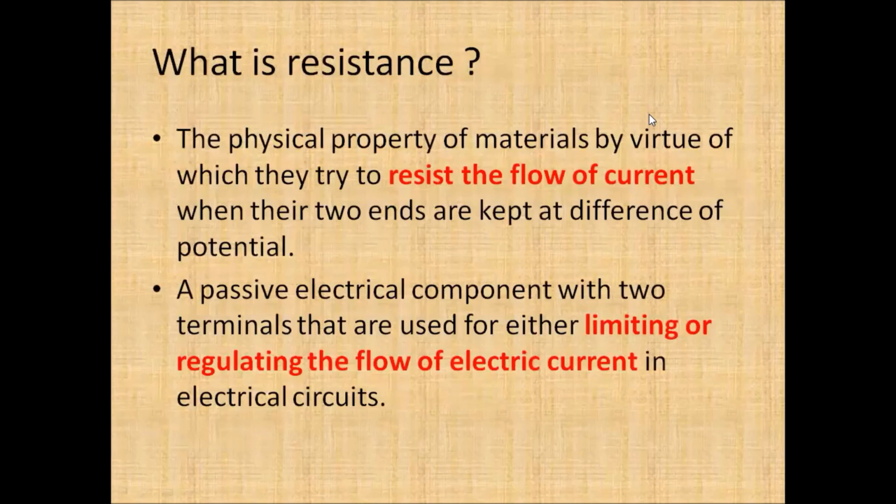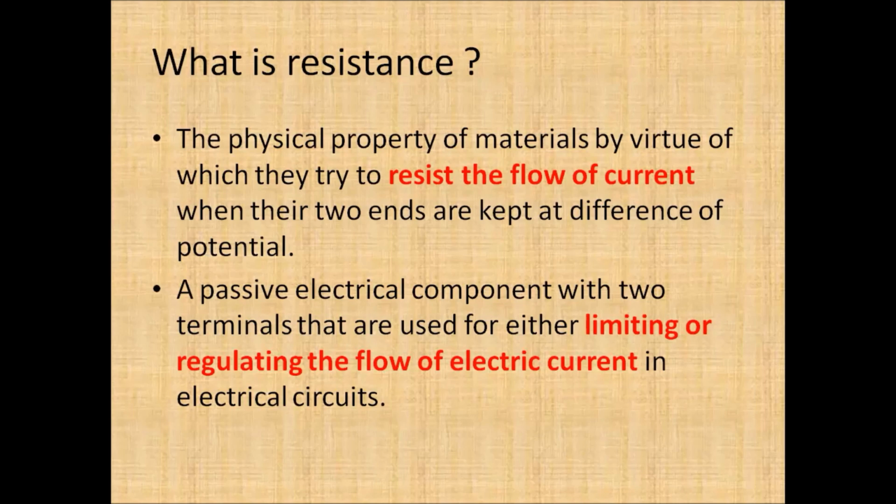So first of all, in general, we are not going for electrical terms, but basically what is resistance? As a word, we can say resistance is the offered opposition by anything. Resistance is the property which represents the offered opposition.